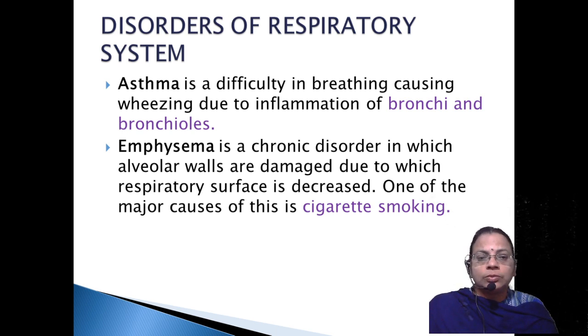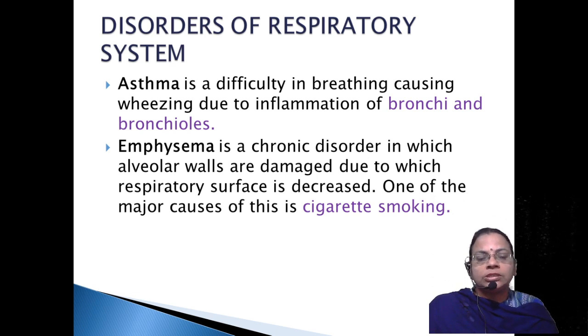And as a result, what will happen? With much pressure, the air is entering inside, and cigarette smoke contains carbon monoxide and other harmful gases. And this nicotine can form a coating around the alveoli of the lungs, and this will reduce the functioning of the alveolus by reducing the surface area.